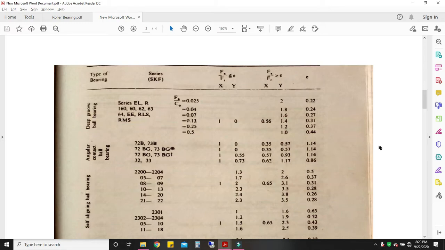We have to find the value of E. For 0.25 the corresponding E value is 0.37, and for 0.5 the corresponding E value is 0.44. So our required E value must lie between 0.37 and 0.44.